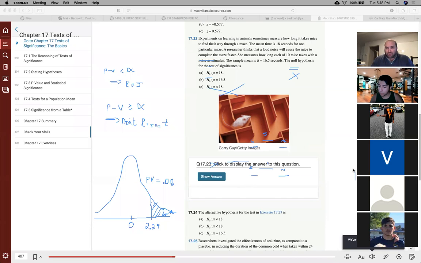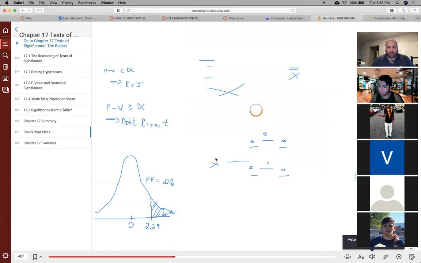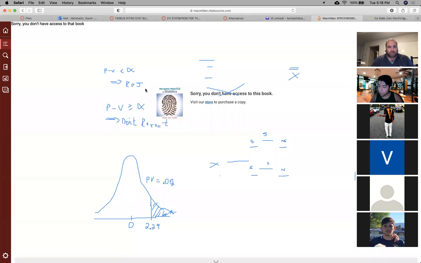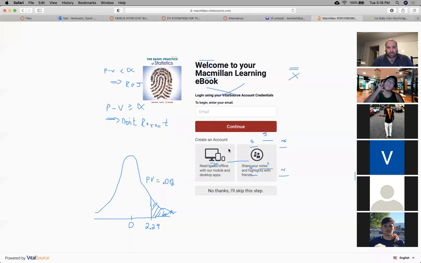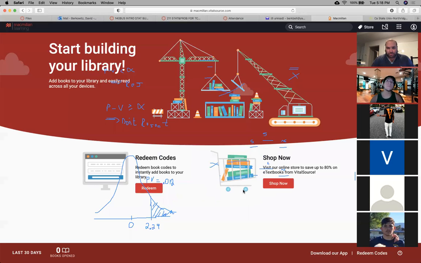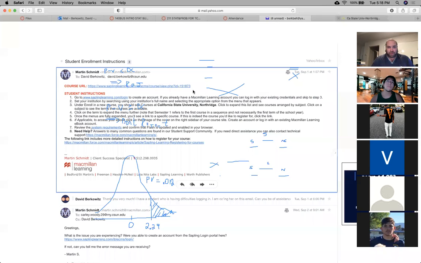What software do I click on Crunch It to enter it? So let's find, we'll come back here in a minute. Let's find a Crunch It. Sorry, you don't have access to the book? Why I don't have access to the book? I've had access to the book the whole time. What is happening here? Let's try this again.